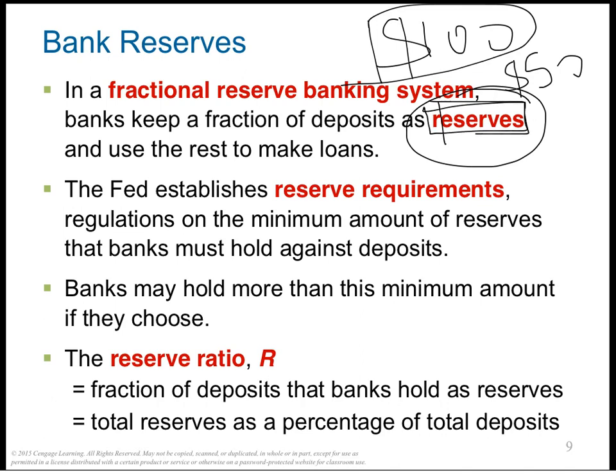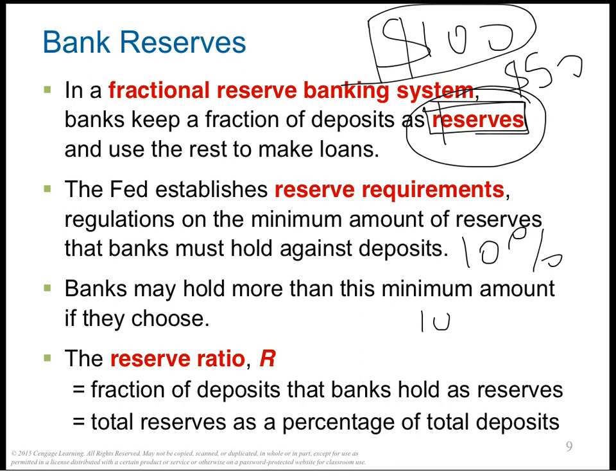And the Fed establishes reserve requirements. What are reserve requirements? They are the regulations on the minimum amount of reserves that banks must hold against deposits. Reserve requirements are usually in terms of percentage. Let's say the Fed establishes a 10% reserve requirement. What does that mean?